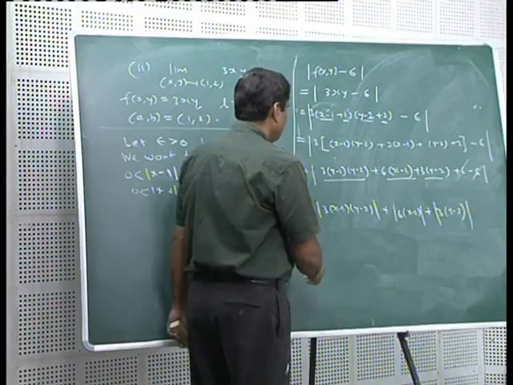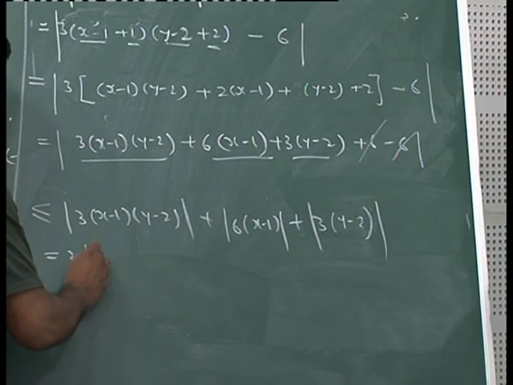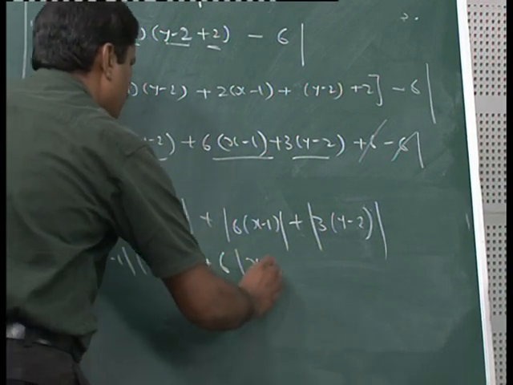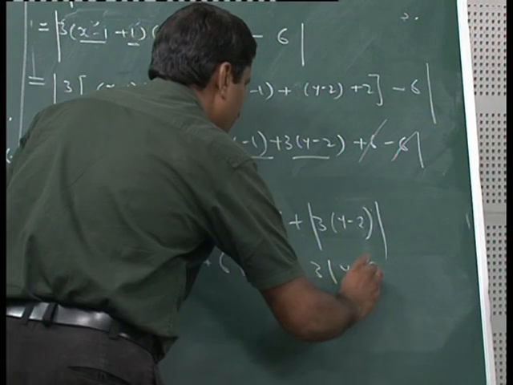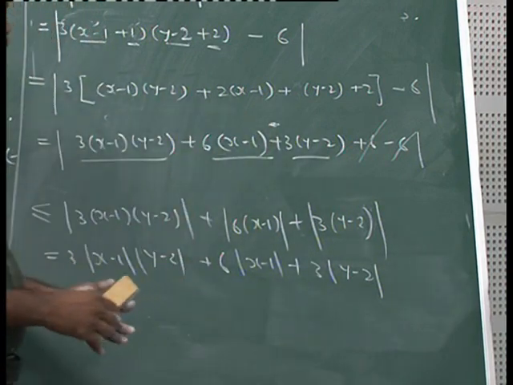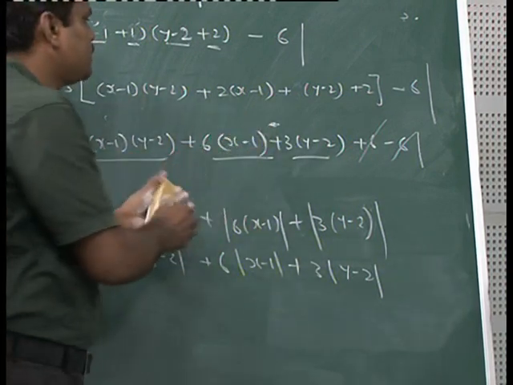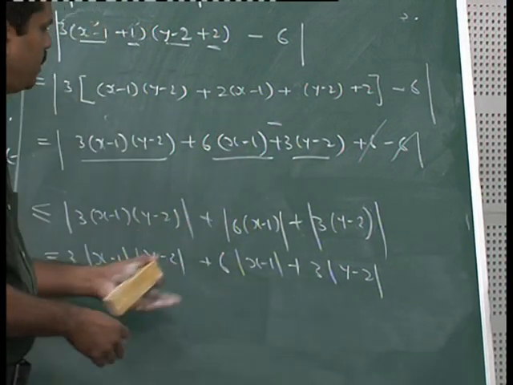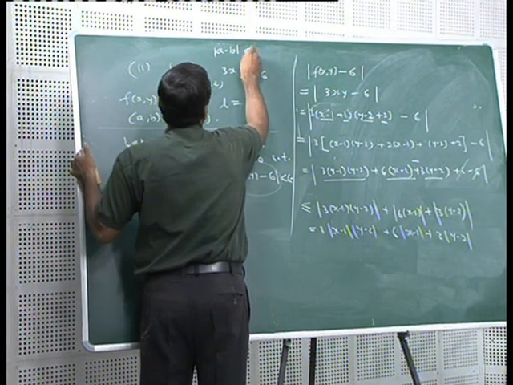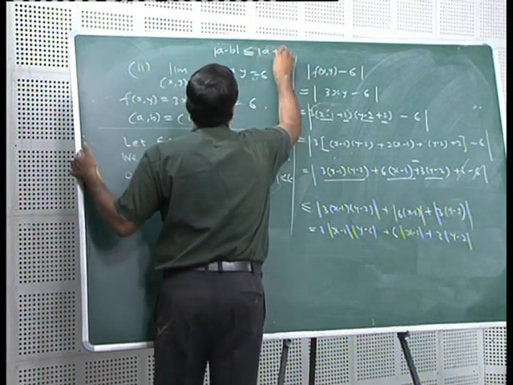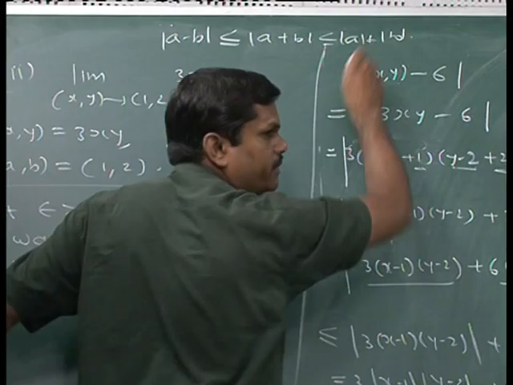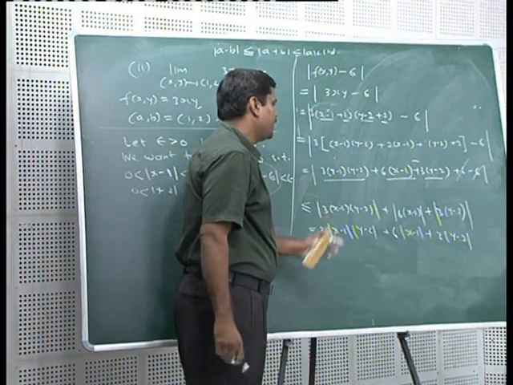Now, I can write this as 3|x - 1||y - 2| + 6|x - 1| + 3|y - 2|. Even if there is a minus sign, suppose here we have all positive terms, but there is a minus sign in place of this plus 3, then also you can write less than or equal to plus, because as you know, |a - b| is less than or equal to |a + b|, and this is less than or equal to |a| + |b|.